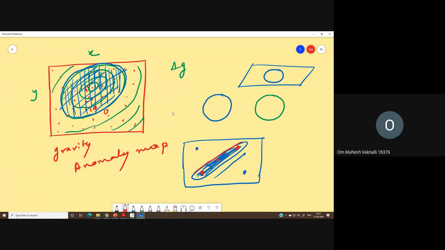The density of the crust is 2.78 gram per cc, in that range. But if you have a concentrated iron ore, the density can go all the way up to 4 gram per cc. So there is a considerable difference between your rho 1 and rho 2, and that can be found out from a gravity anomaly map.